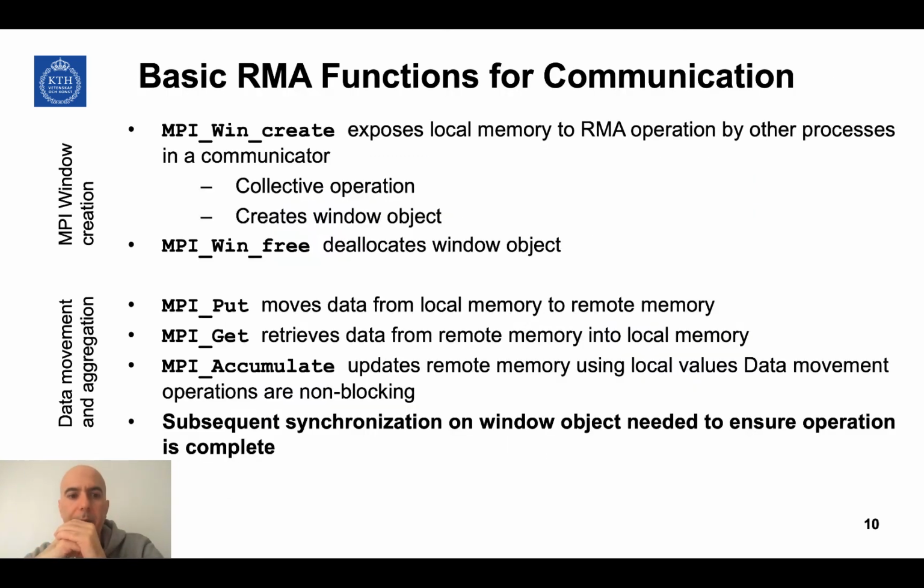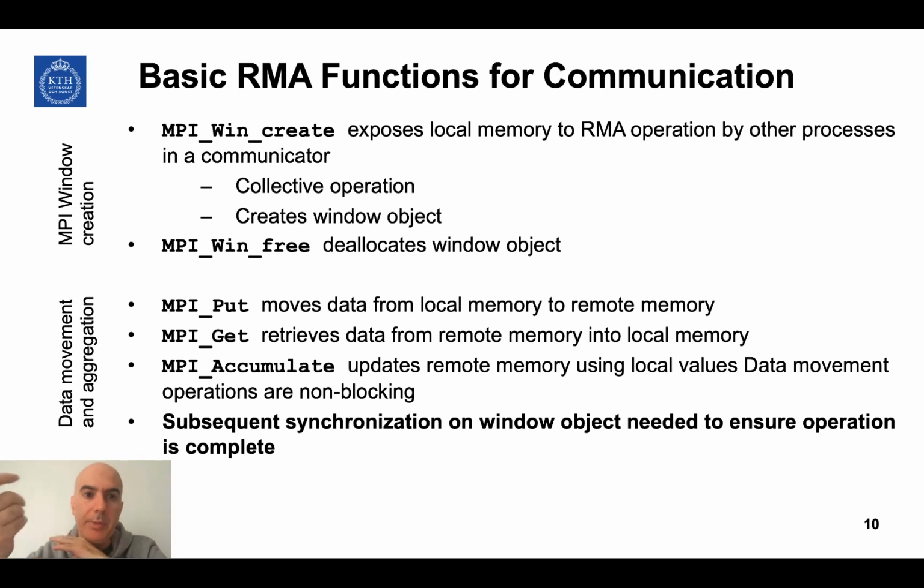So what are the basic RMA functions for communication? The first functions that we are going to look at in this lecture are how to create these MPI windows. There are four different types of creation functions. The most used ones are the first two.